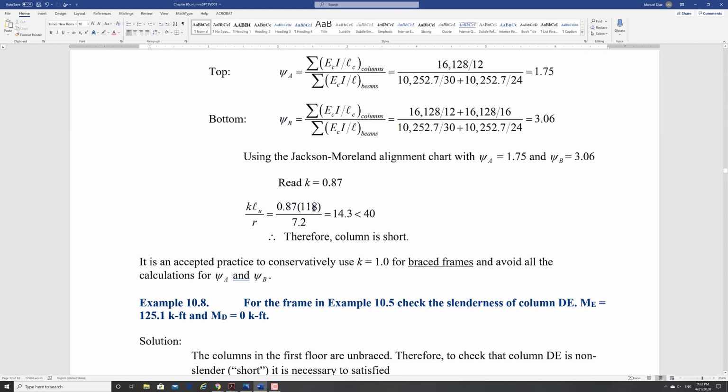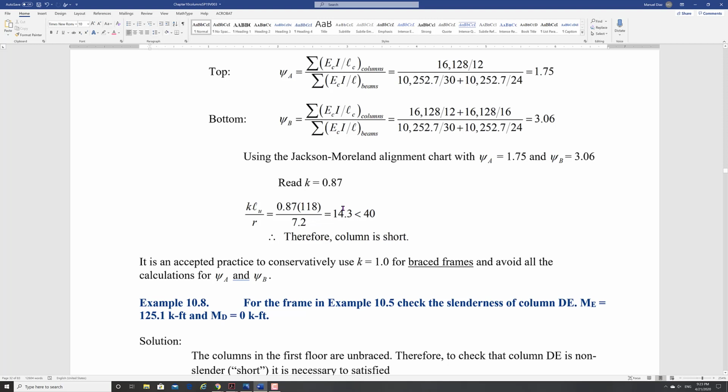And since I know already my 118 and my 7.2, I do 1 times 118 divided by 7.2. That number is 16.4. 16.4 is below 40, so it's short. And I saved the time of doing all these calculations because the actual number is going to make it even better. So assuming a 1 and it passes, then you save a lot of time.